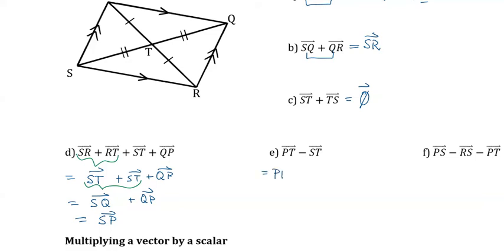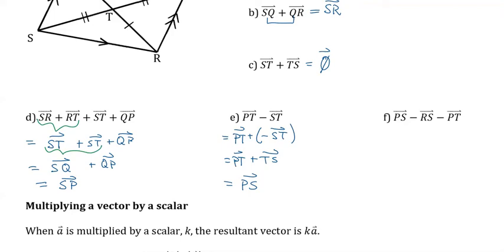Okay, try the last one. You certainly don't have to show this in 2 steps, so I just went straight to this is PS plus SR plus TP.